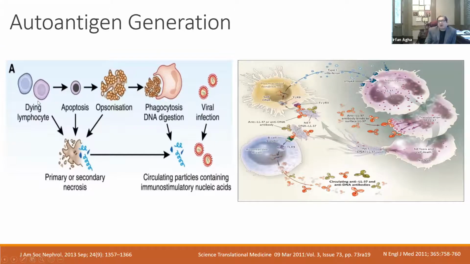Cells are supposed to undergo apoptosis. They can then be opsonized by phagocytes. But in lupus, certain genetic defects lead to delay in removal of these fragments from the circulation. And the immune system actually sees them as viruses.